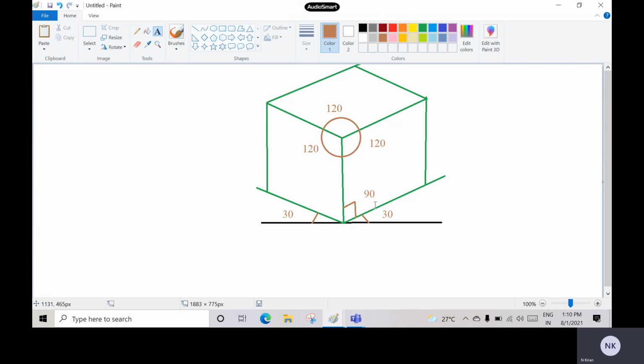So that is the reason, if the orthographic views are given and you want to convert them into an isometric view of the 3D diagram, you have to take one line at 30 degrees and the other line at 30 degrees on the left, and the perpendicular lines that we draw will be at 90 degrees. This is the reason why we use 30 degree lines in isometric views.